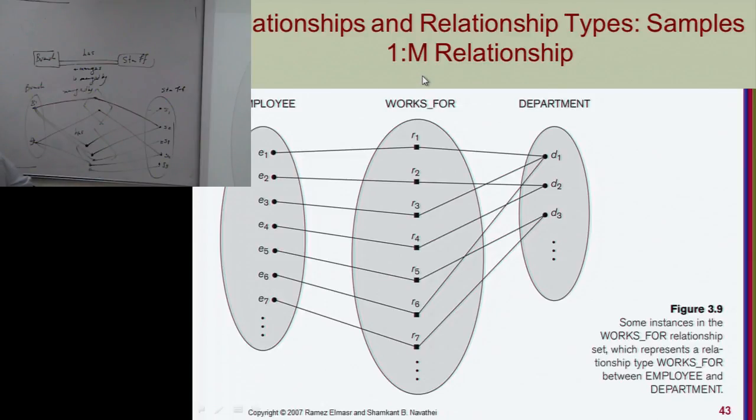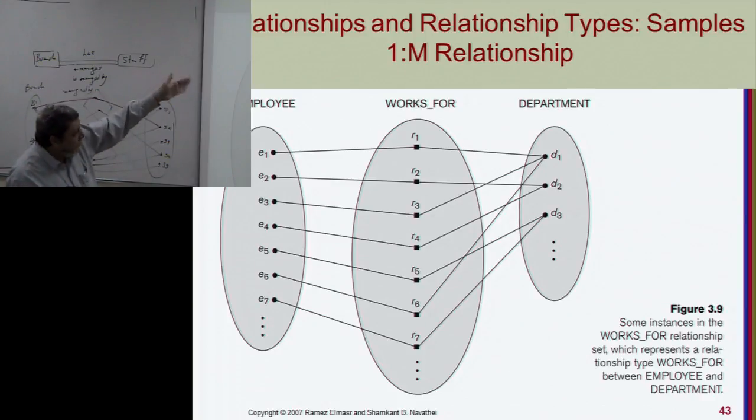We write it like this. We don't care which one is the one, which one is the many, which side. Because as we said, you can draw it the other way around. In diagrams, there is no restriction where to draw employee, whether to the left or to the right.